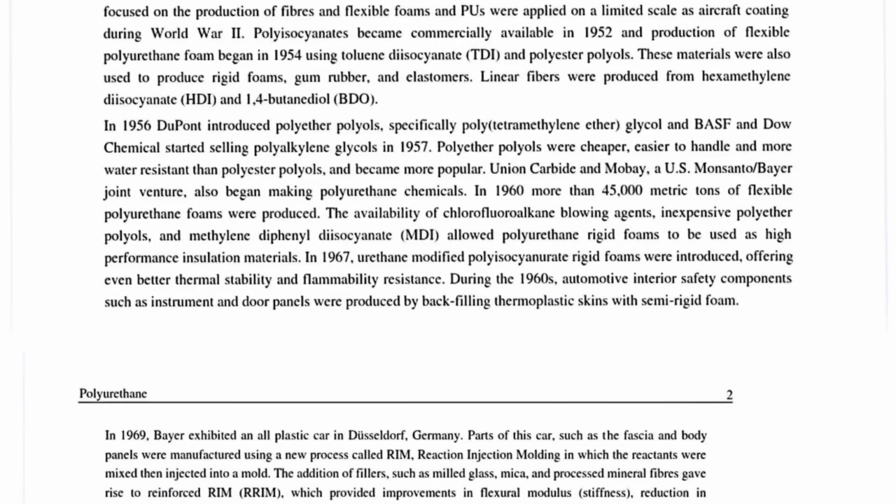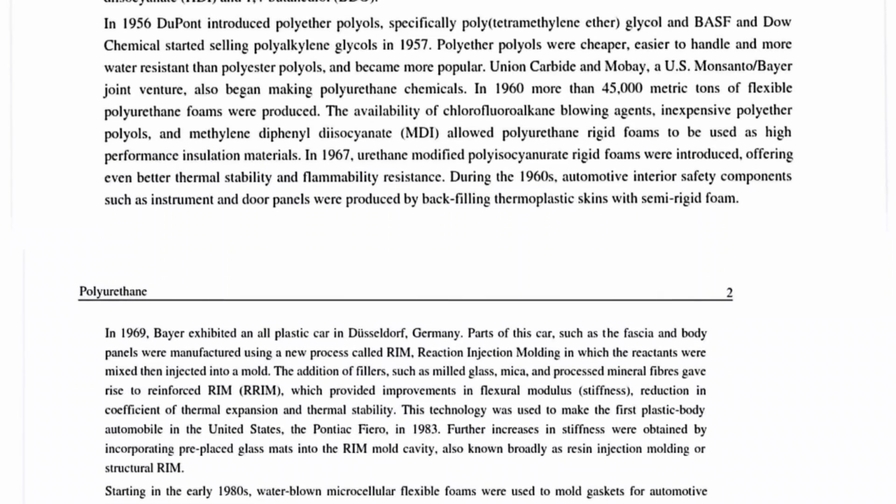In 1960, Bayer showed the plastic car in Germany. Parts of these cars, their panels and rims, are formed of polyurethane. So this material became very stiff, composite and versatile in use.